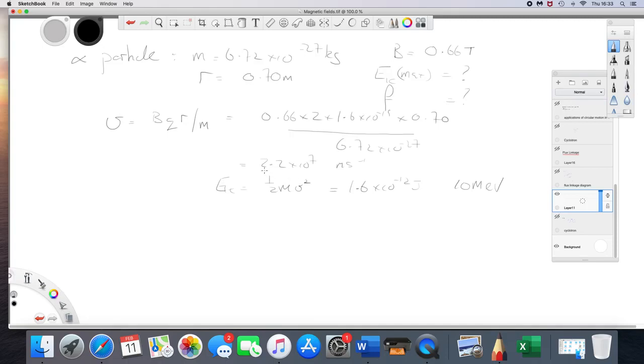So it's quite big, and as a consequence, getting much bigger than that, you're going to get relativistic. It's going to start to look quite significant, and the mass will start to increase. And the frequency then, well, if we use our expression, which was BQ over 2 pi m, we get a frequency of 5 megahertz. That's a capital M.